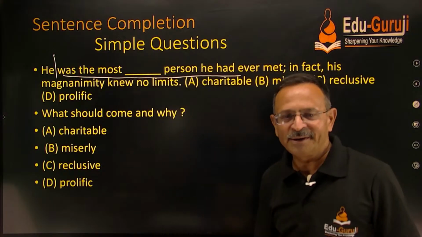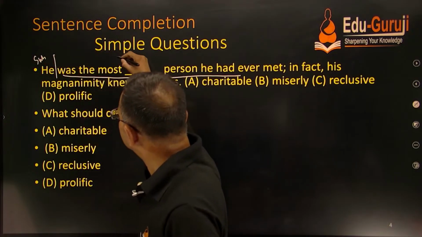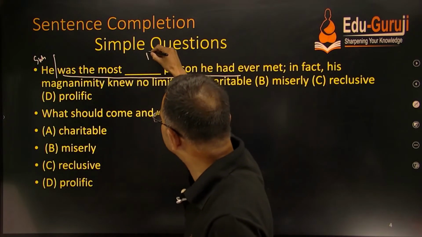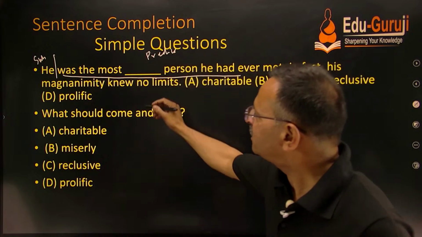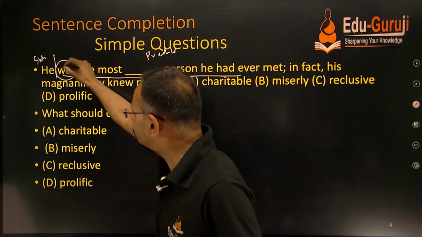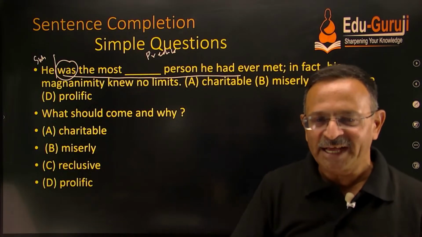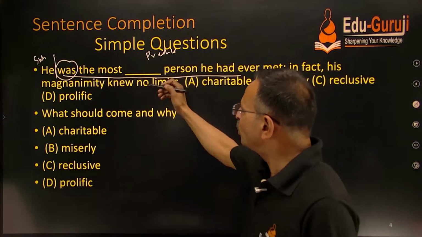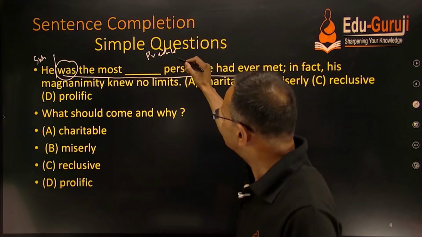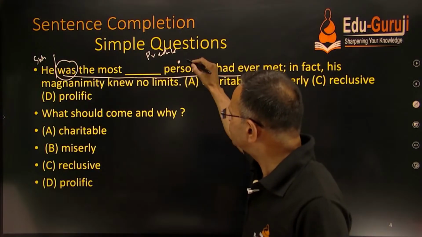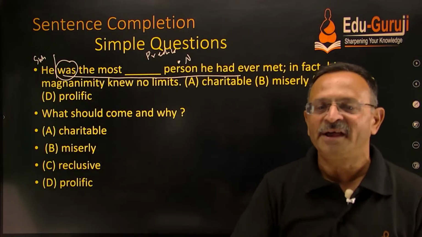He is the subject here, and was the most is part of the predicate. The verb over here is definitely was, and then you have the blank, which is asking for the most blank person. So obviously, person is a noun, and here we need a modifier actually.